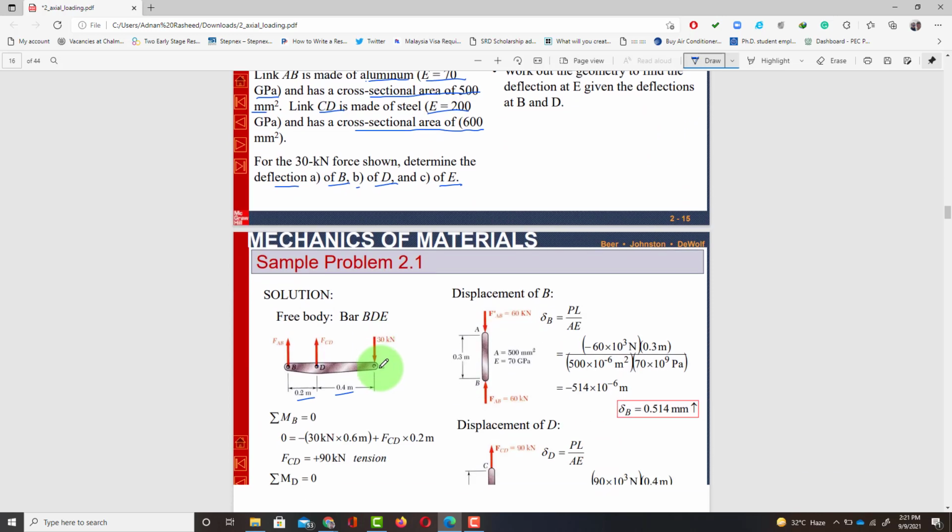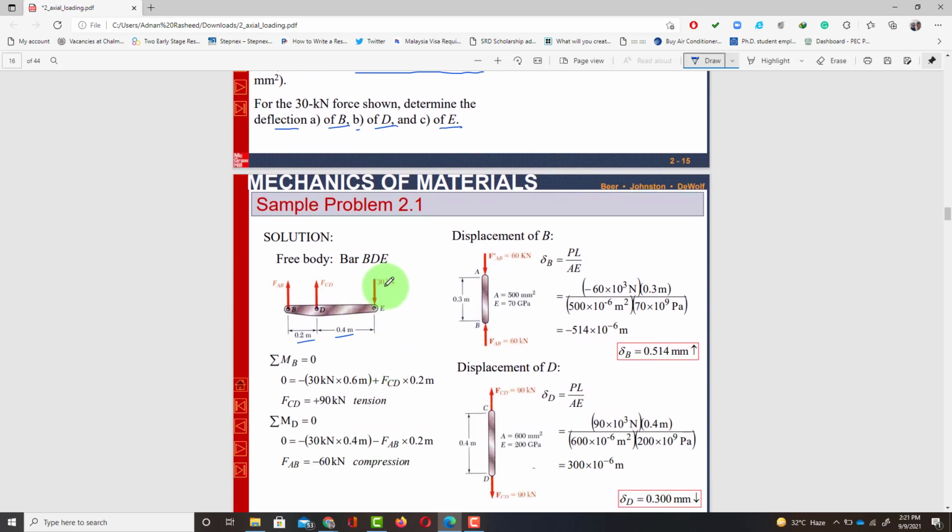So let's start with this. Here it is given that the load is 30 kilonewton at point E. At point D the reaction force is F_CD, because we have removed the link CD. Similarly, at point B the reaction force is F_AB.